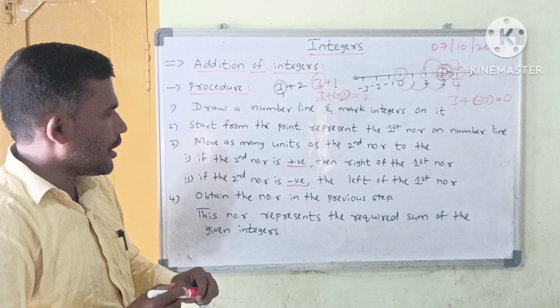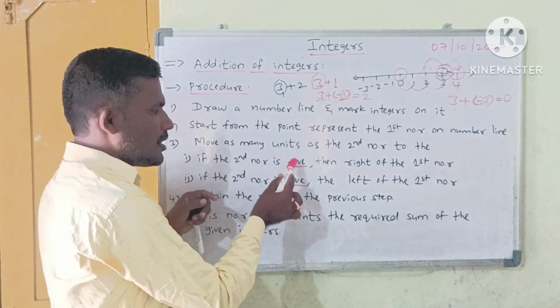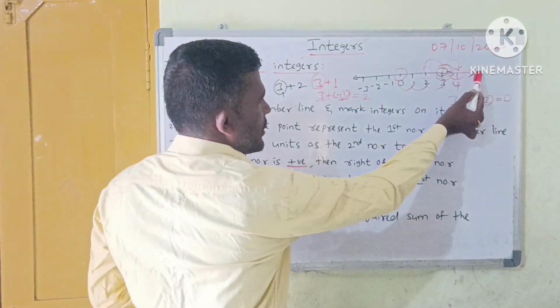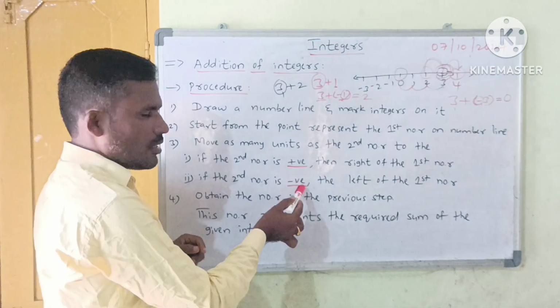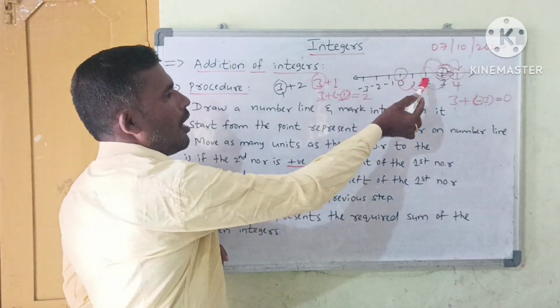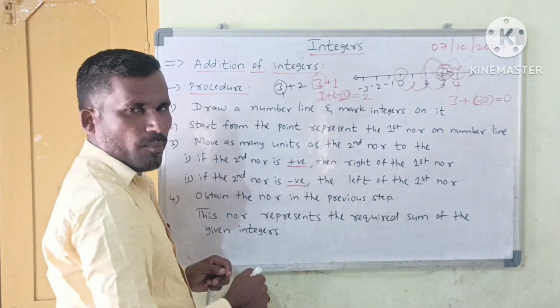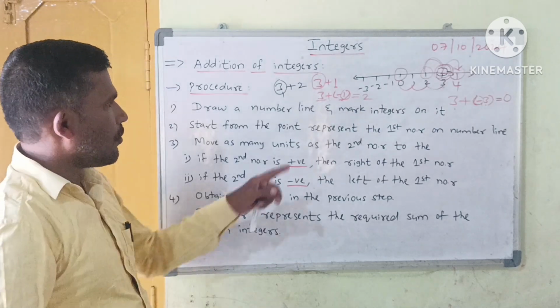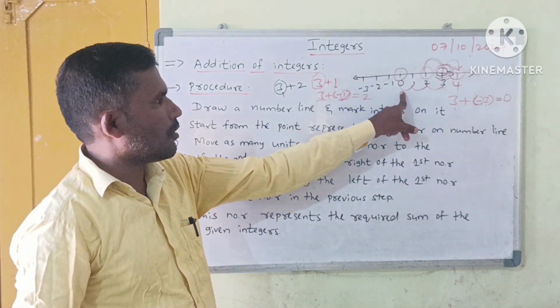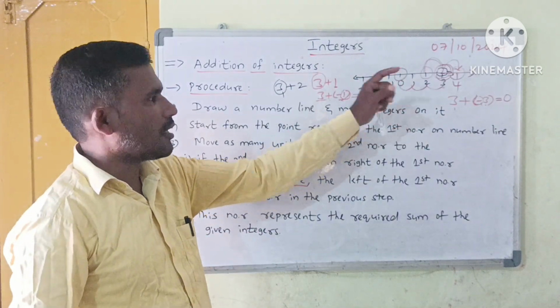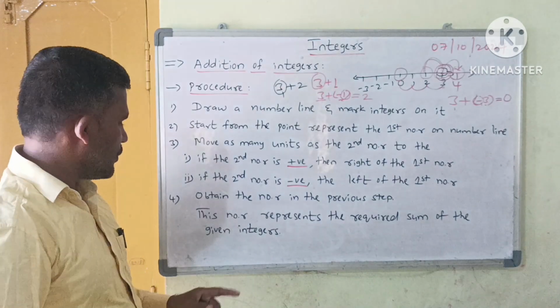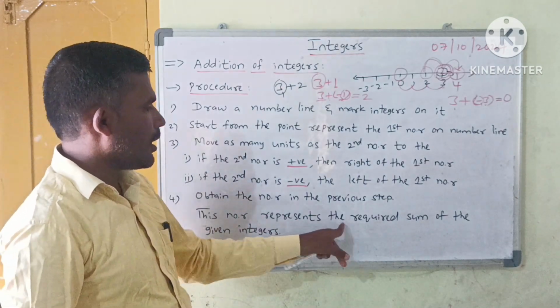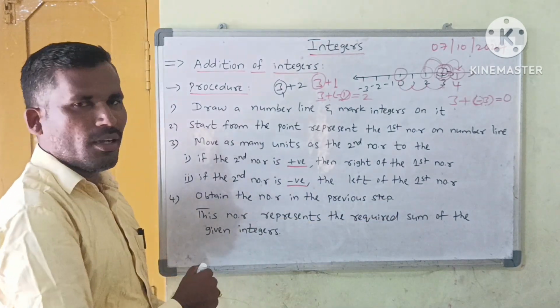So finally, what I am saying: if the second number is positive, you move to the right side. If the second number is negative, you move to the left side of the first number. Where we stop is the required answer. This number represents the required sum of the given integers.